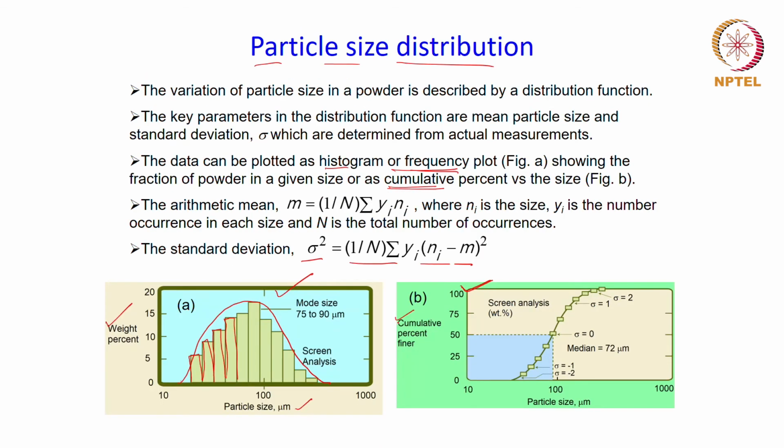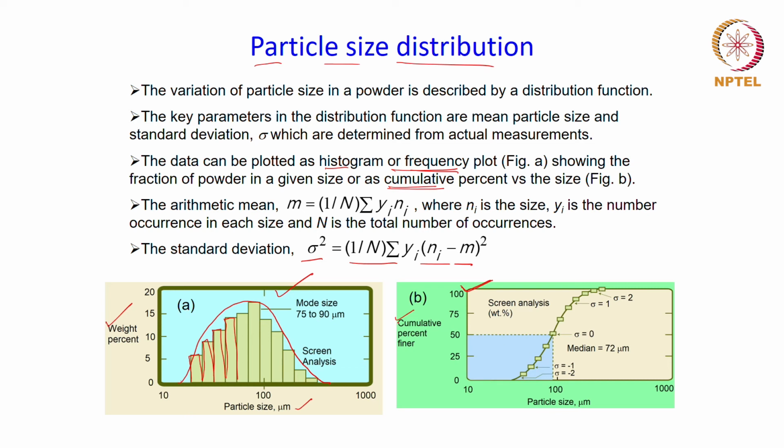Right. Okay, so, we have seen in the last couple of classes how the particle size and the particle size distribution can be obtained for a given powder sample using certain techniques. So far we have only discussed two techniques, just to demonstrate on what basis the data is collected.